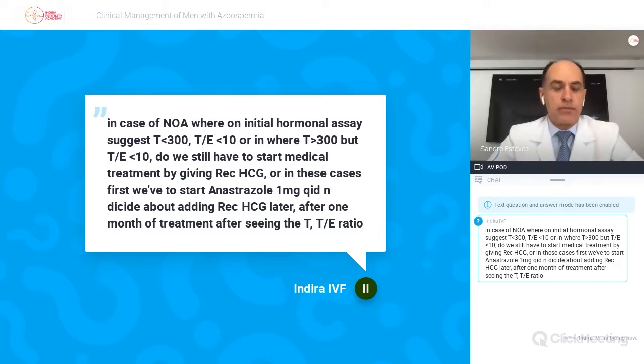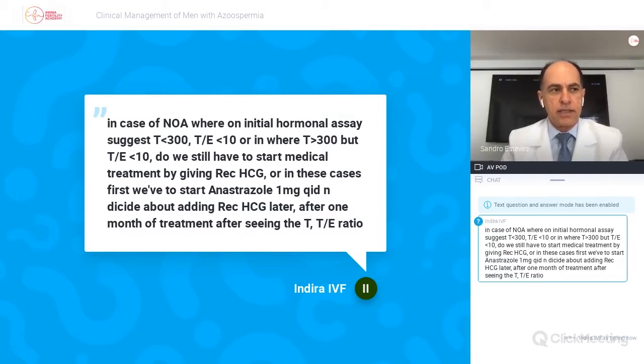Well, this is a question related to the hormonal modulation in patients with non-obstructive azoospermia. If the testosterone is below 300, ideally you should start with HCG. This is the starting point. So every time you have a patient with testosterone below 300, you start with HCG.